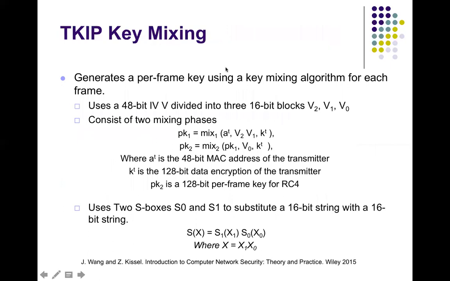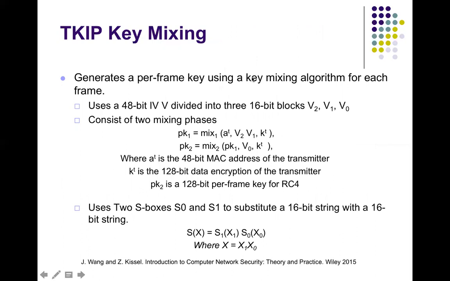Okay, so next is a key mixing scheme. This TKIP key mixing scheme, or algorithm, is to generate a per frame key. So for each frame, you need to use a particular key for it.